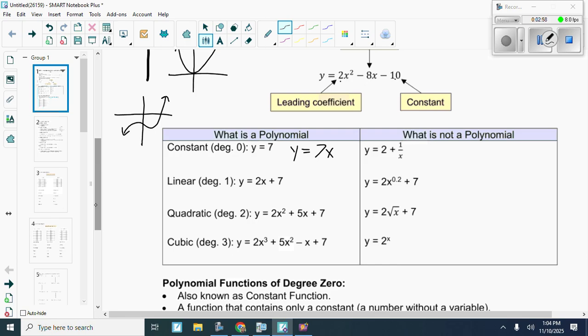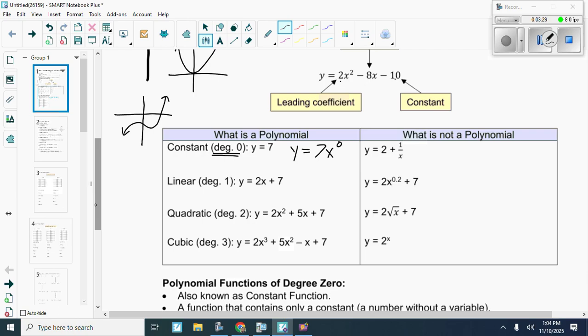If you just see a number, it's exactly the same thing. If I multiply that number by x to the exponent 0, and anything to the exponent 0 is equal to 1, this is why it is considered degree 0: we could have written an x with an exponent 0 next to our constant.